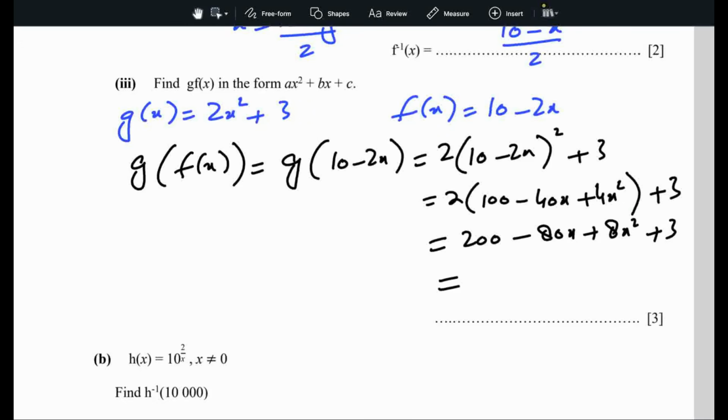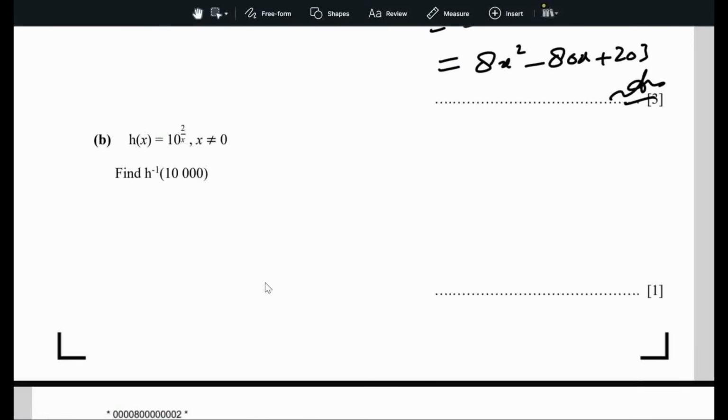And if we just rearrange it as per this thing, so this will be equals to 8x square minus 80x plus 203. So this will be the final answer. Let's move to the B part.